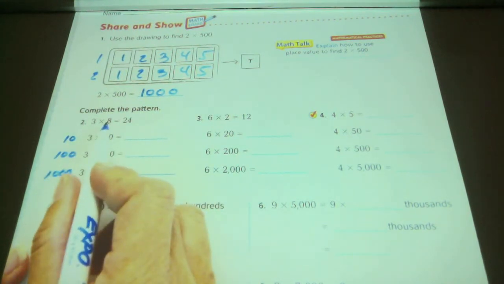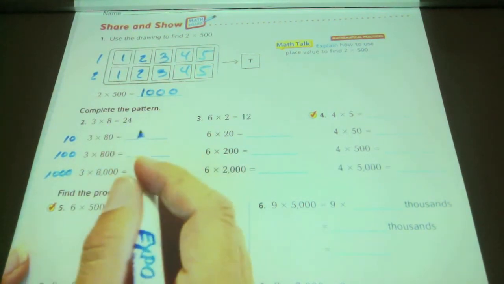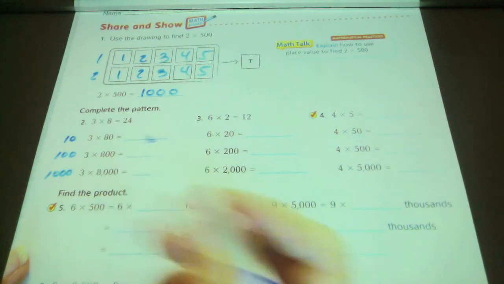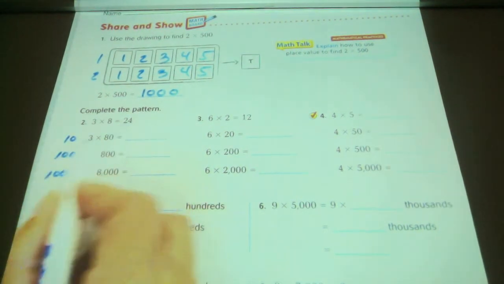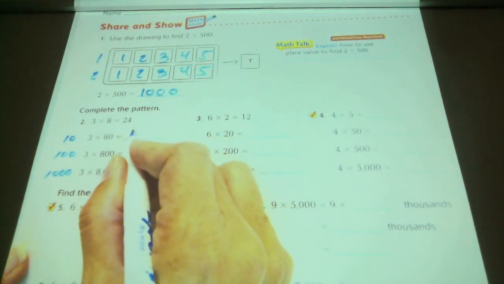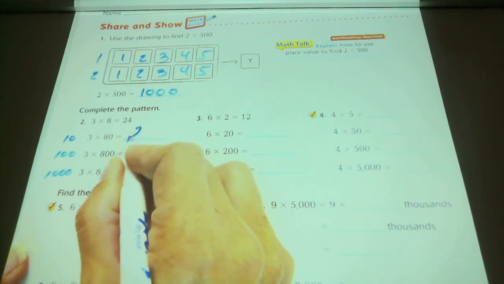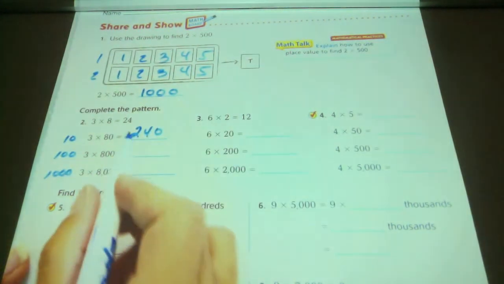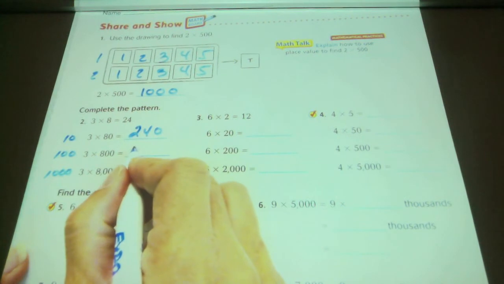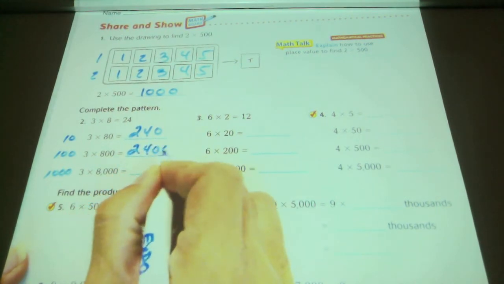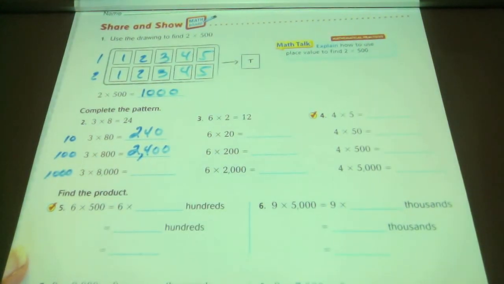So your basic fact for 3 times 8 is 24. They even told you. You don't even have to know your multiplication facts on this one. So 24 times 10 is 240, right? 24 times 100 is 24 hundreds, which looks like 2,400.